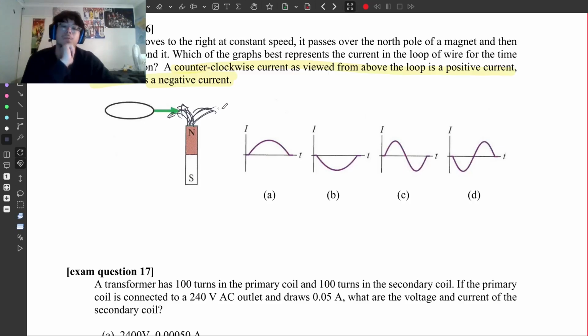So we need to remember, well, this is a question on Faraday's law of induction, which states that the induced EMF is equal to the negative of the change in magnetic flux over the change in time.